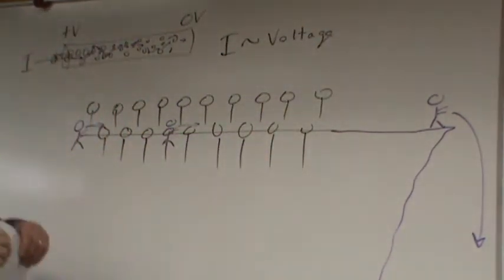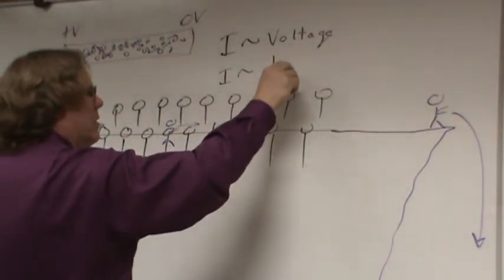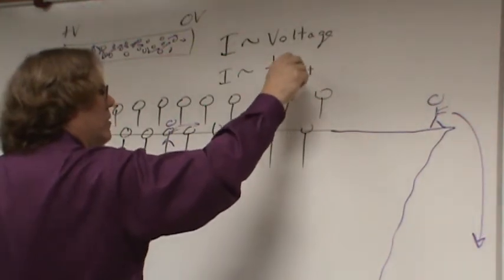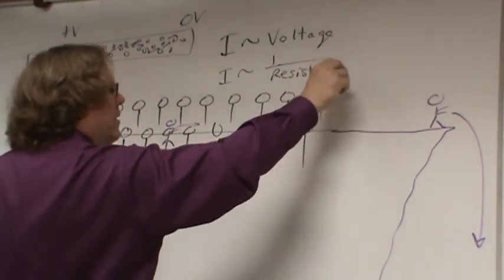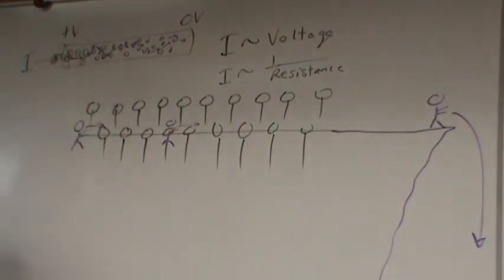The more voltage difference, the more electromotive force, the more current you've got, but current ends up being inversely proportional to the resistance. The more resistance the wire puts up to the flow of charge, the less current you're going to have.